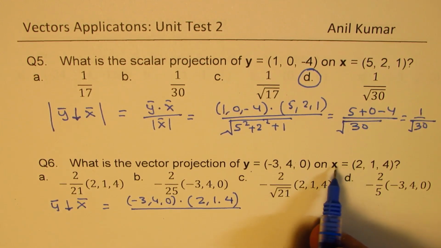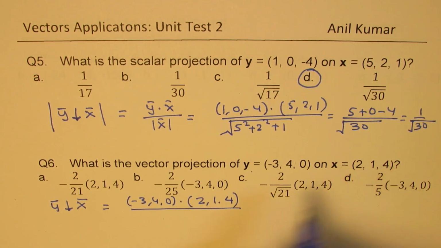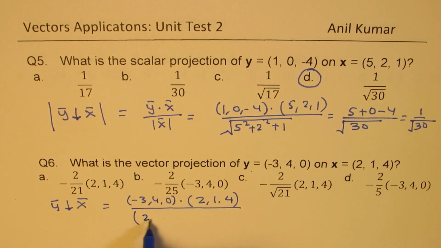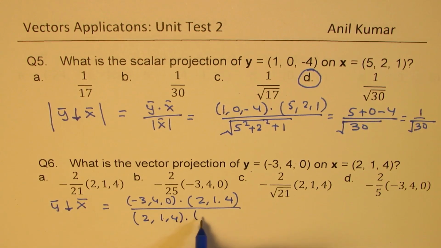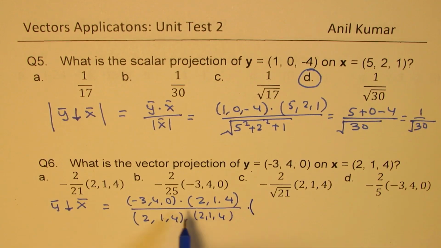And here we can do B dot B, right? So I didn't write the formula anyway. So X dot X, that is the magnitude of X squared, right? So that is (2, 1, 4) dot (2, 1, 4), times the scalar multiple of the vector (2, 1, 4), right? So this actually gives you the direction.